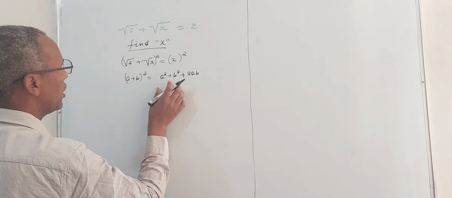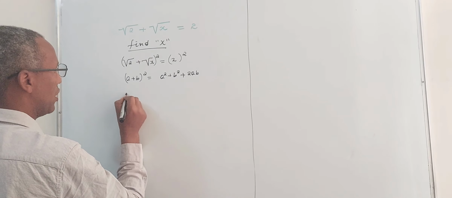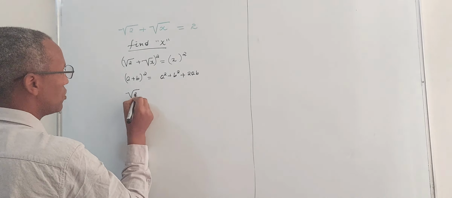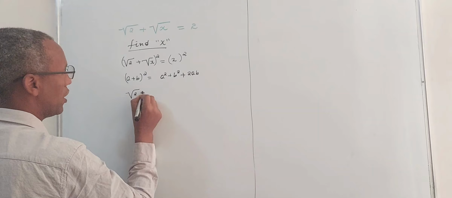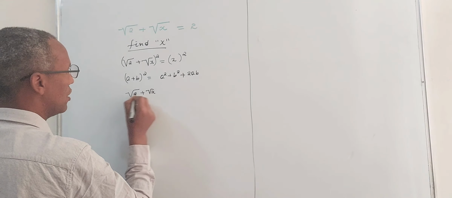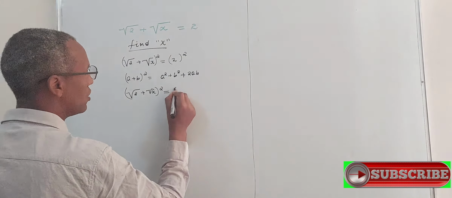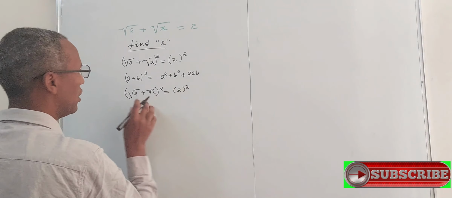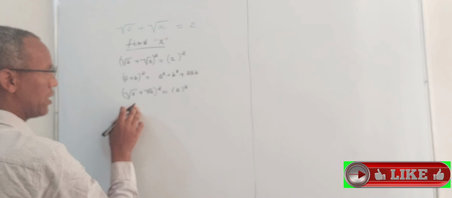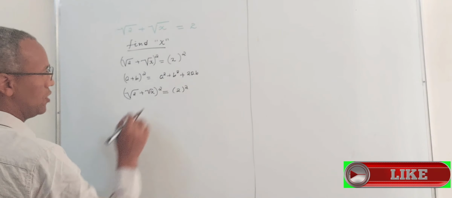Let me write it over here: (square root of 2 plus square root of x) the whole square is equal to 2 square. Now, using this relationship, you can write this equation in terms of this equation.